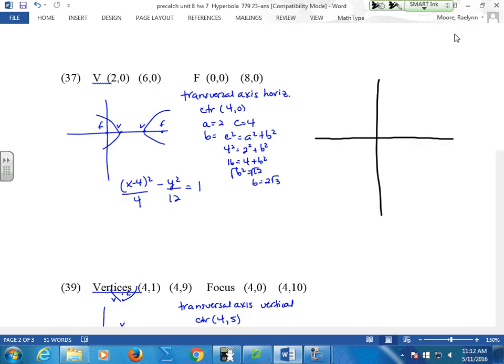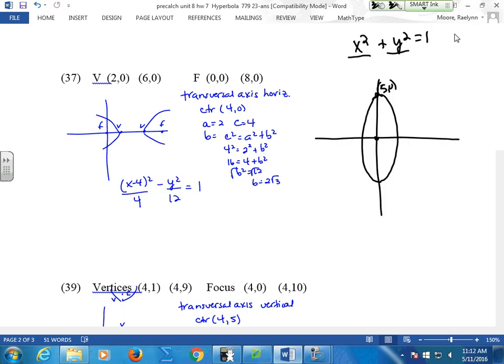Here's my ellipse. Let's write the equation of this ellipse. It's at 0, 0. Which one's longer, the x or the y? So say this goes to 5, 0.